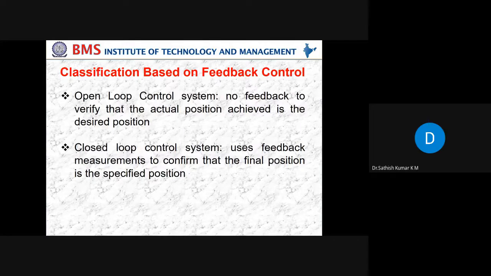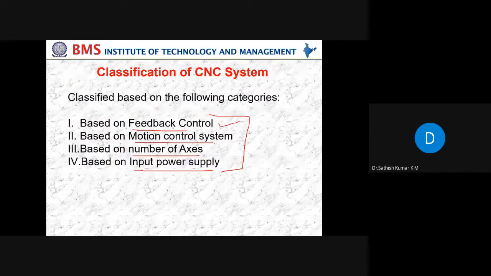What do you mean by feedback control? Is important. Can you say something about what you mean by feedback? Can anybody say what you mean by feedback? Hello?